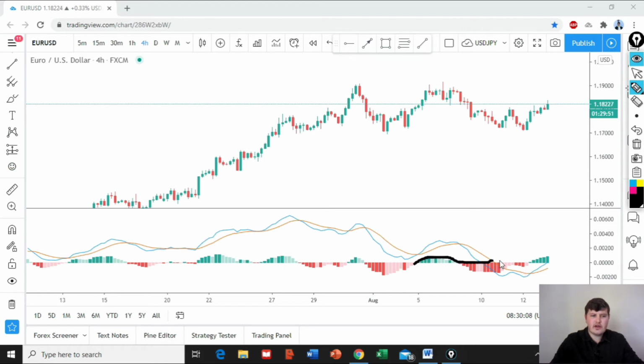This is the histogram over here, and it can possibly signal a trend to the upside. Likewise, when the MACD lines are crossing below each other above this histogram, then it can possibly indicate a move to the downside or the start of a downtrend like this that happened over here.